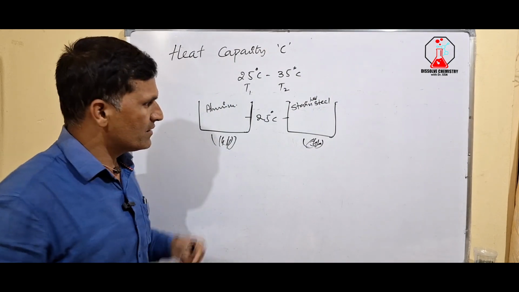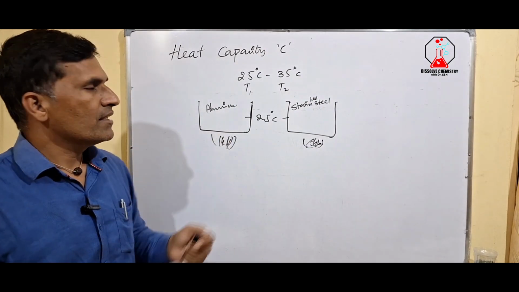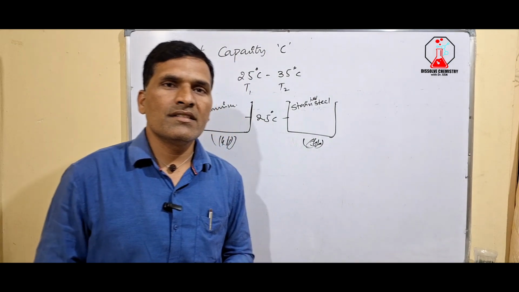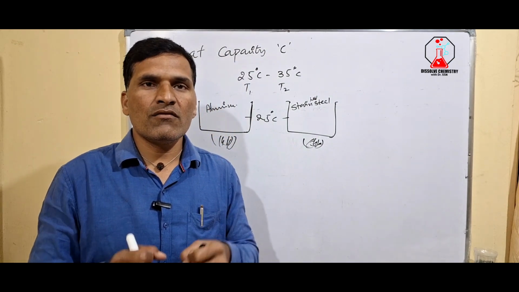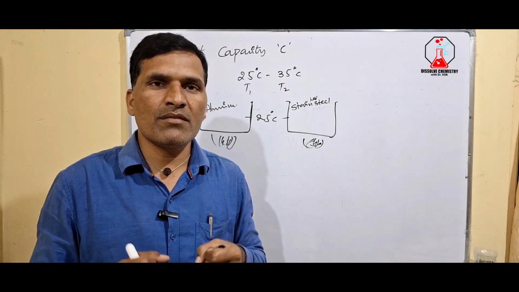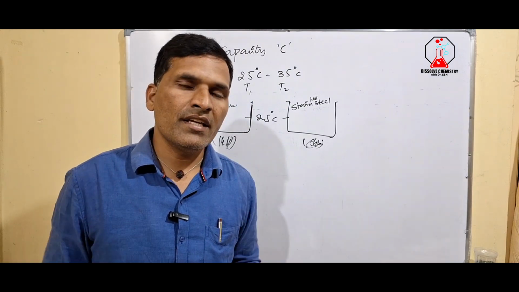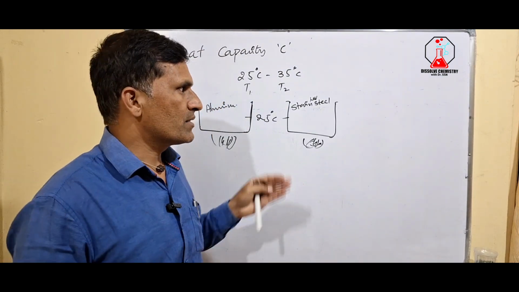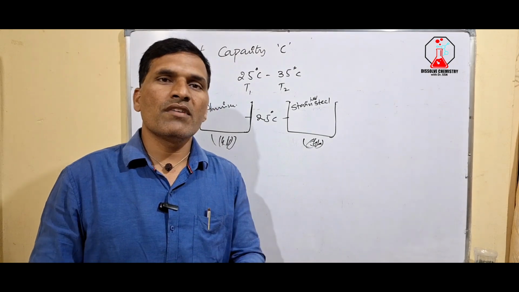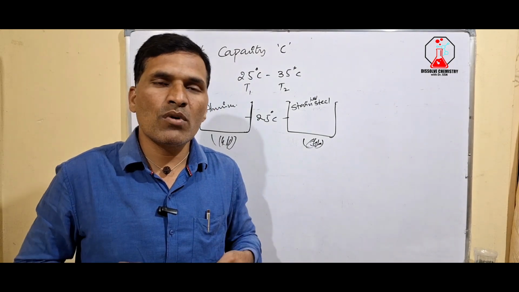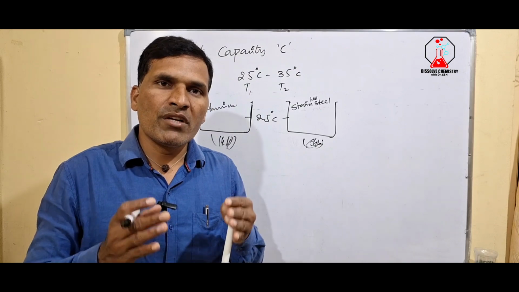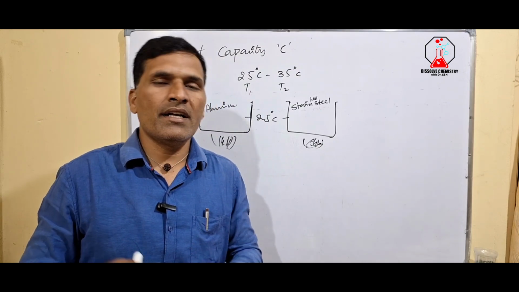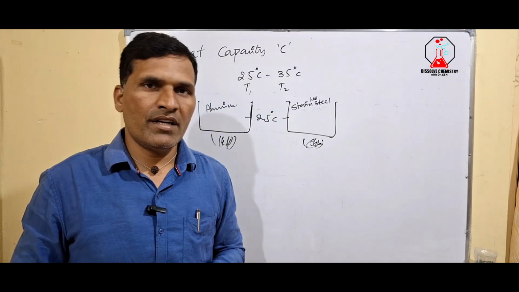What does this imply? That the amount of heat energy absorbed or held by a substance varies from substance to substance. Some substances require more energy, or have the capacity to hold more heat energy between the two temperature limits, and others will have a different amount.